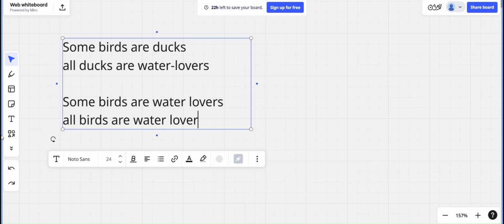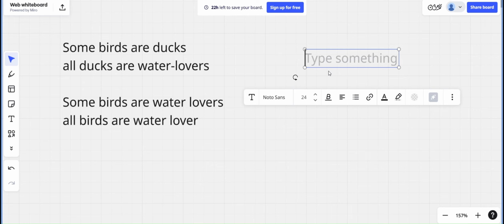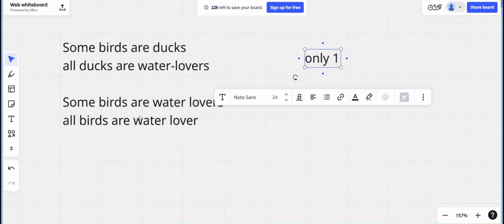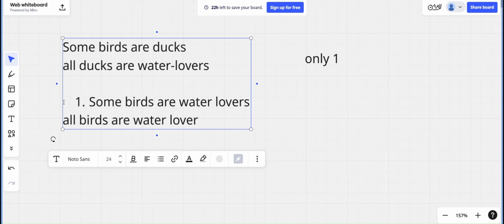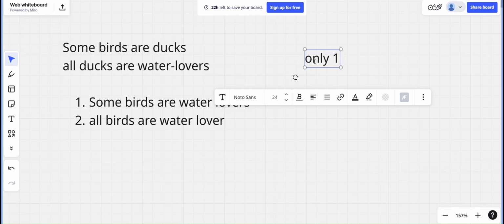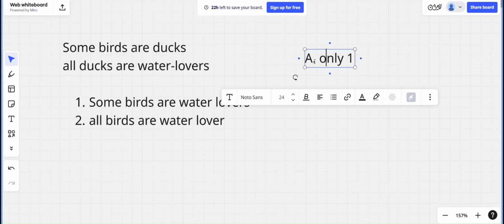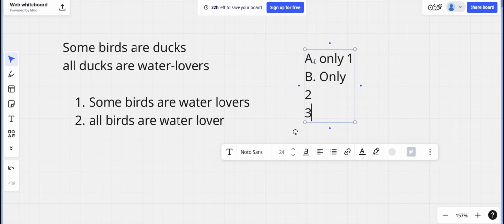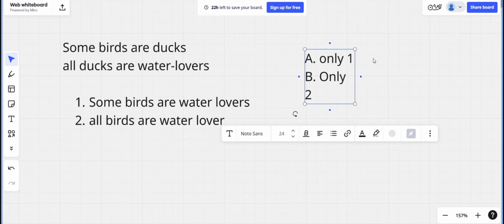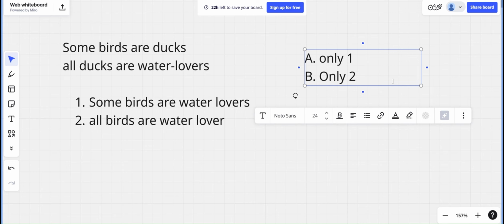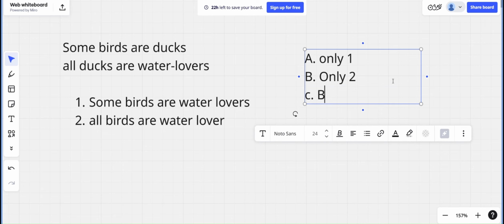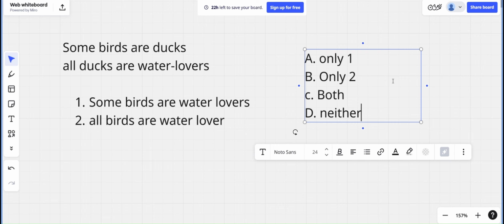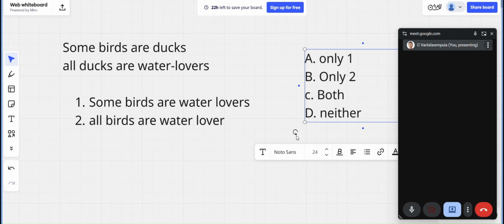So the answer options will be: A only one is true, B only two is true, C is both, D is neither. Give me the answer quick.